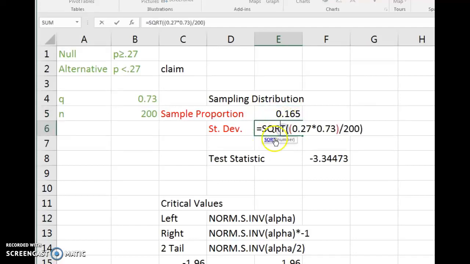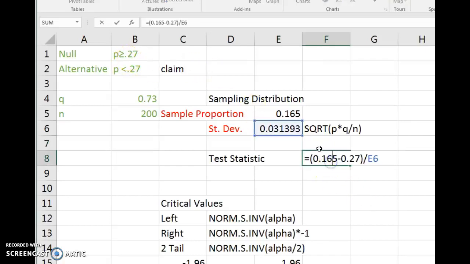And we can then do the standard deviation, take the p times the q and divide by the sample size, the square root of that. So now how far away was our sample from the claim? We want to take our sample minus the claim, subtract those proportions, and then divide by that standard deviation. So that tells us how far away we are in terms of standard deviations.